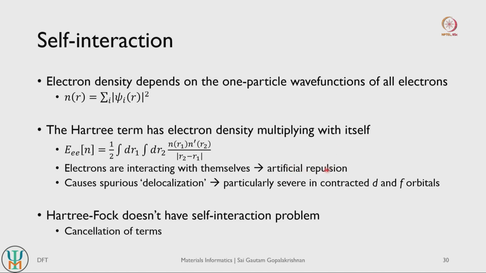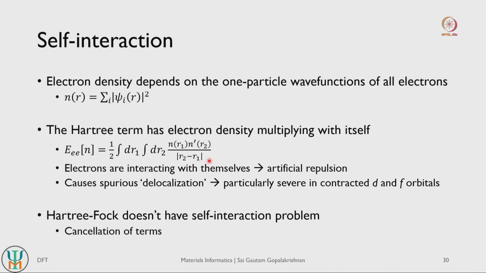And because of this artificial repulsion, and because you always try to minimize your energy, or reduce this electron repulsion, we will see that if you do a calculation in a self consistent fashion including this electron repulsion term, it causes spurious delocalization, right. The electron is repelling with itself, and the electron wants to reduce the repulsion with itself, which implies it will try to increase the distance between R2 and R1, so the electron will delocalize or stretch itself.